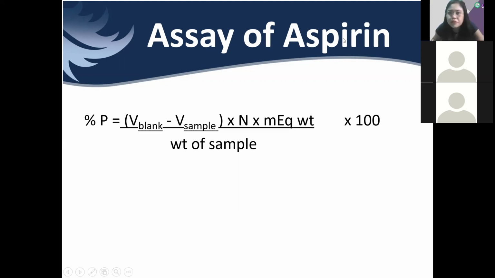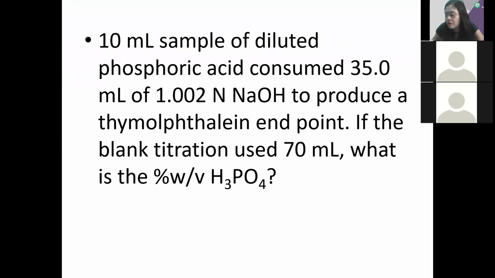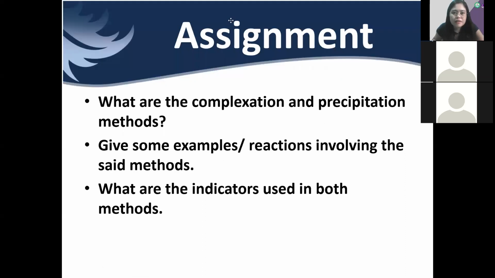Okay, so it's 4:23. I cannot finish this one. I will continue this one next meeting, and this will be your assignment. Oo, gihapon niyo siya tong sa quiz. Same formula.